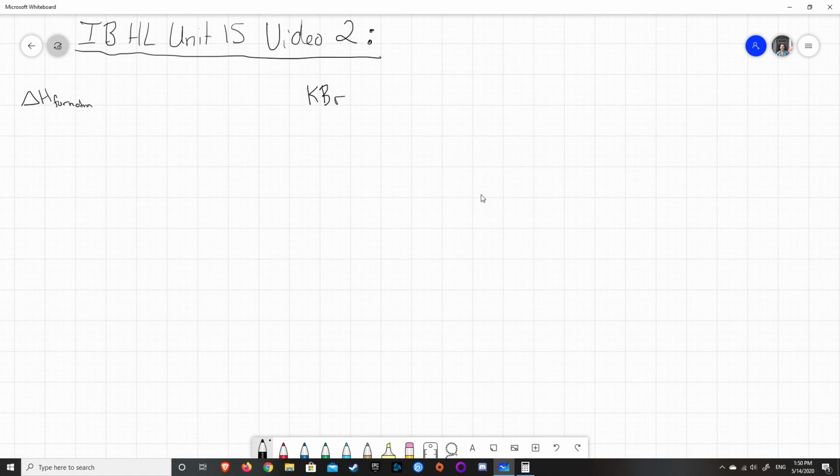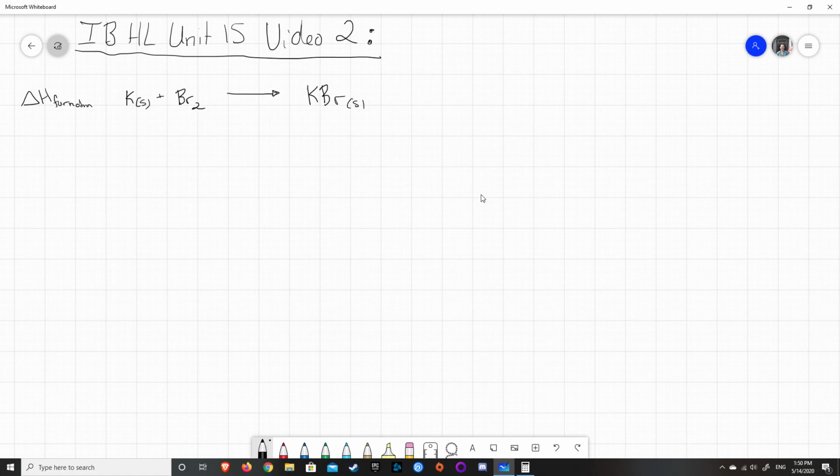What that means is that we want to react elements together in their standard states to form potassium bromide. The standard state of potassium metal is a solid, K(s), and the standard state of bromine is bromine gas, Br2. Br2 forms KBr.